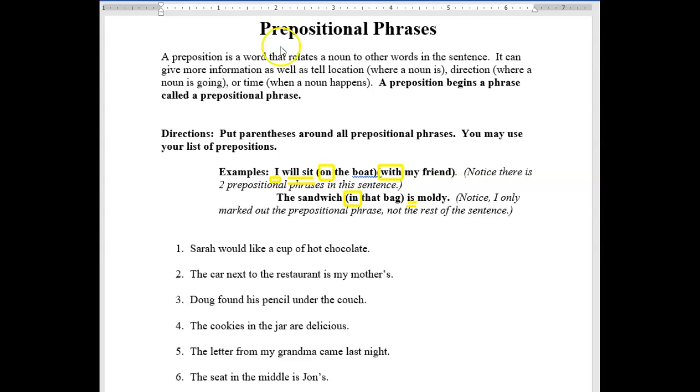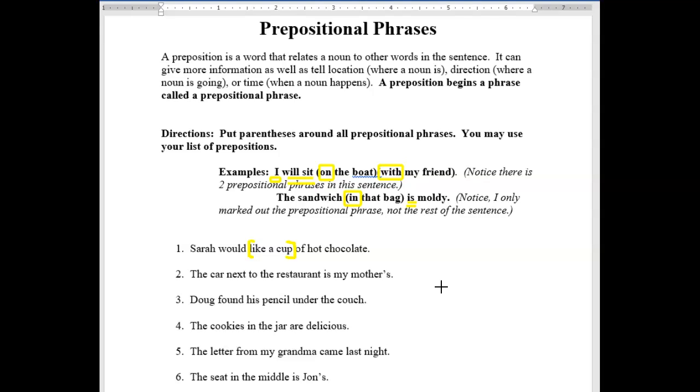So, let me see, I want to do freehand. So we're going to put a parentheses here, if I can do that. I might have to do it this way. Like a cup would be my prepositional phrase. So I would put parentheses around that.